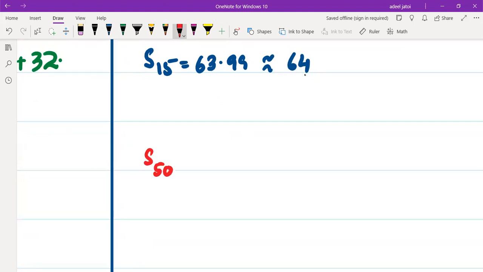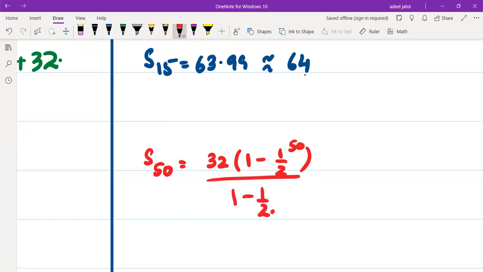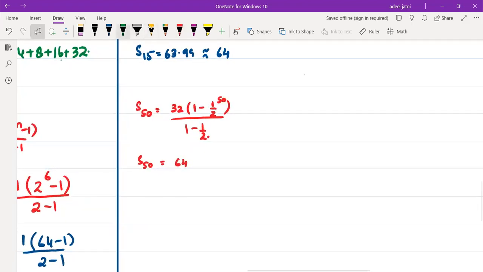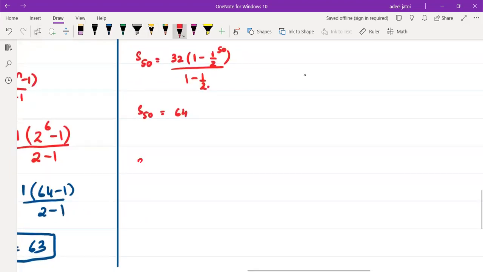Let's take the sum of 50 terms. 32, 1 minus half to the power 50, and this should be 1 minus half as well. So for the sum of 50 terms, we have 64 again, as you have calculated using the calculator. Even the sum of 100 terms will still be 64.